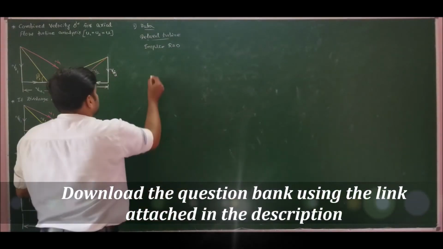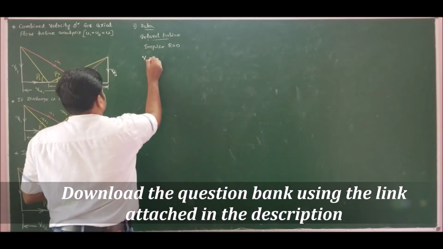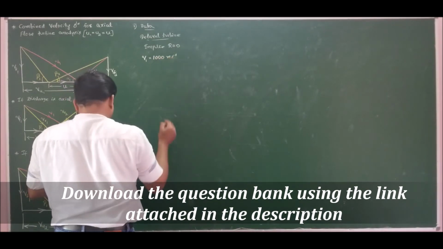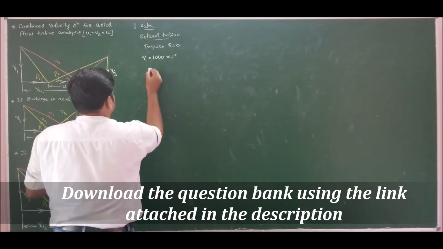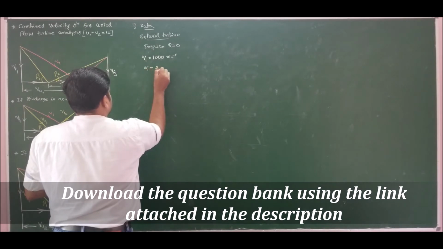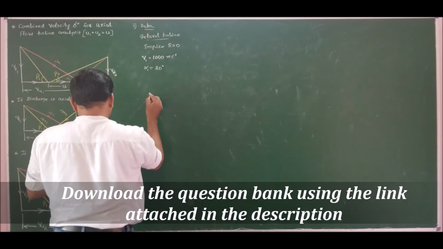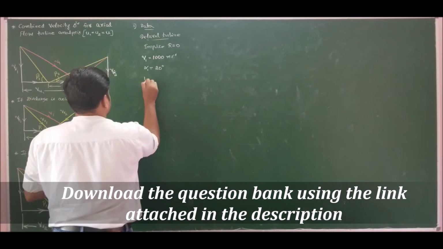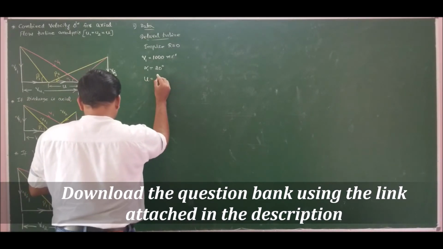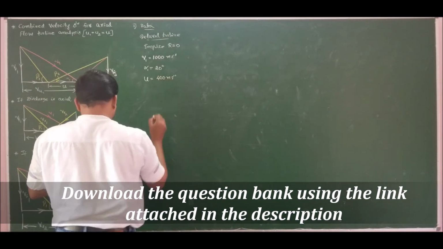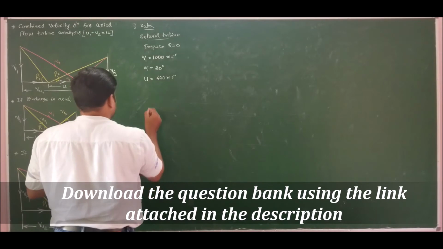The entry velocity V1 is 1000 meters per second. The inlet nozzle angle is given as 20 degrees. The blade velocity u, the tangential speed of the rotor, is 400 meters per second, and the blades are equiangular.